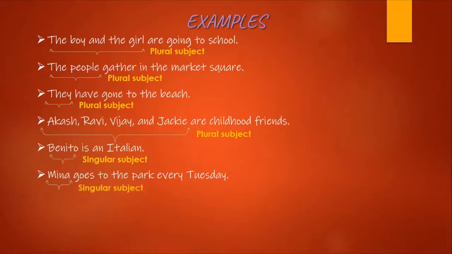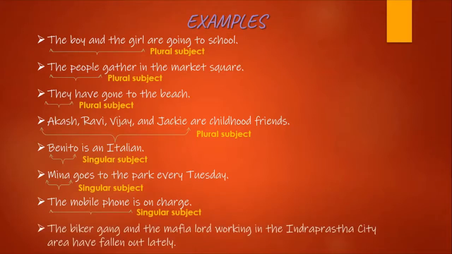So, singular subject. The mobile phone is on charge. And I know very well that you have guessed the subject. Yes, the mobile phone. One phone, therefore, obviously a singular subject. Similarly, you can easily guess this last one. The biker gang and the mafia lord working in the Indraprastha city area have fallen out lately.